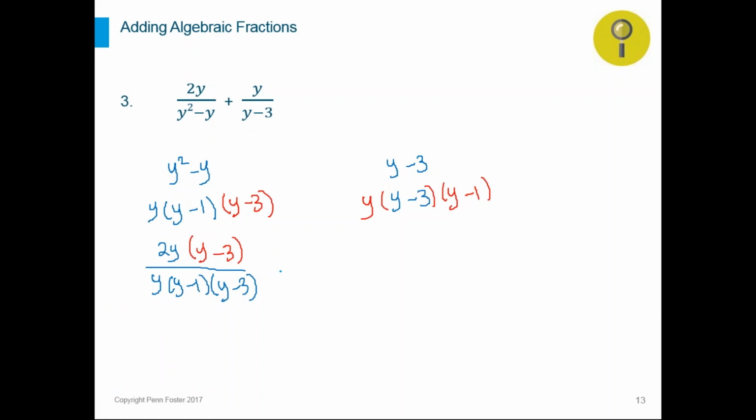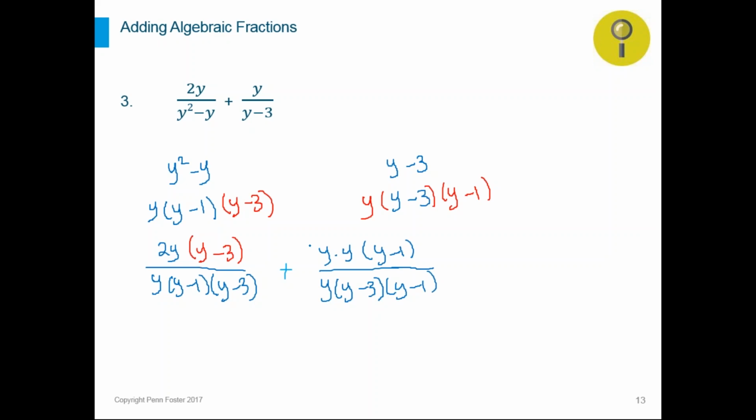Plus the second fraction. The second fraction had a y, but I used these factors, so y times y minus 1, and then the same common denominator as the first one. These are the fractions I'm adding.